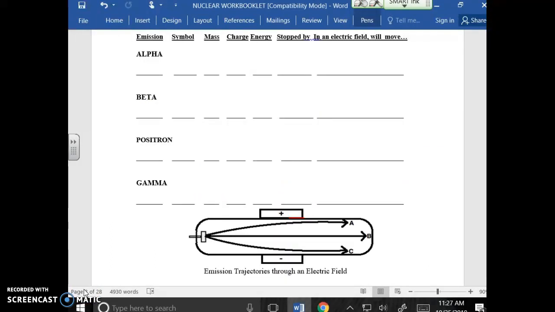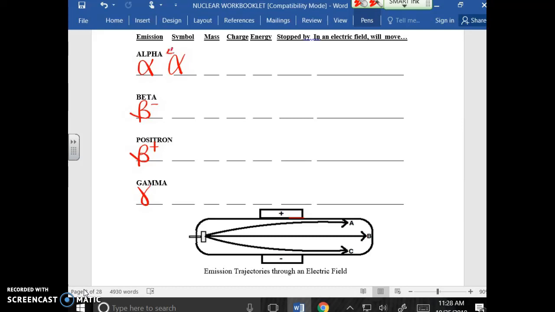So first of all, according to Table O, an alpha particle is symbolized as the Greek alpha. A beta particle is the Greek letter beta with a little negative sign. There's something called a positron, which is also given a Greek symbol, but this has a positive charge. A gamma ray is Greek gamma.